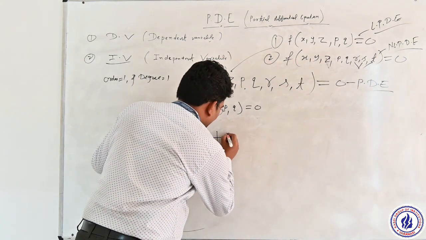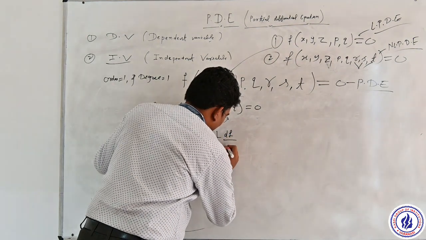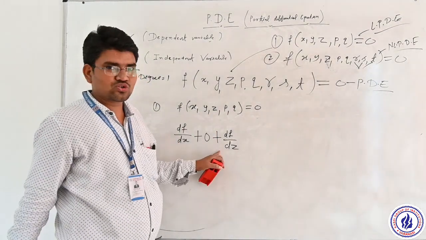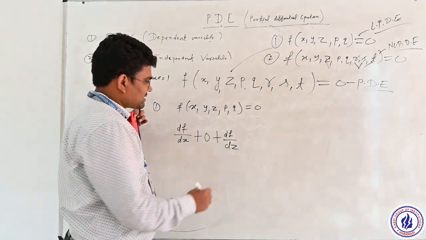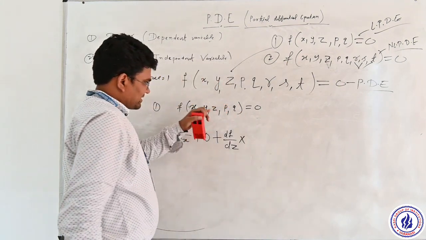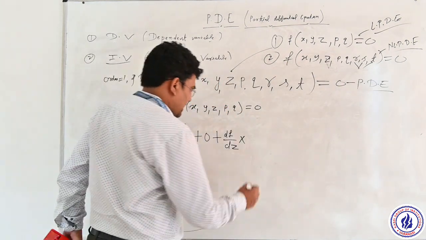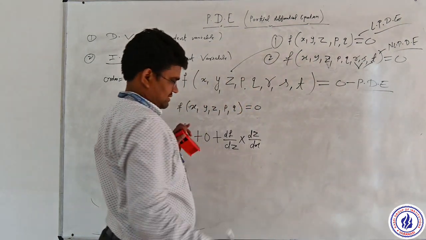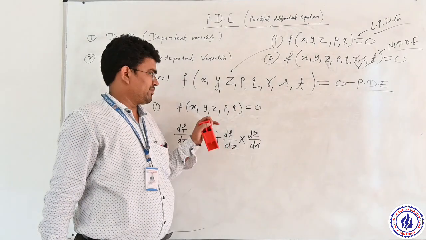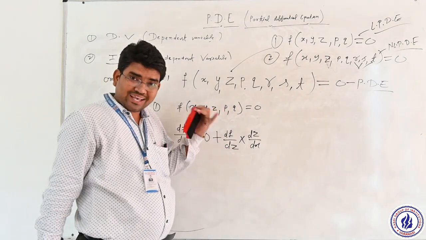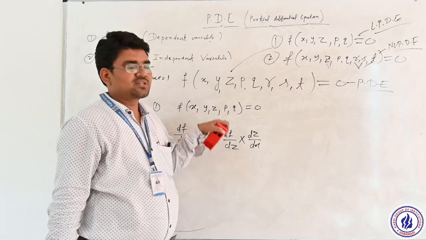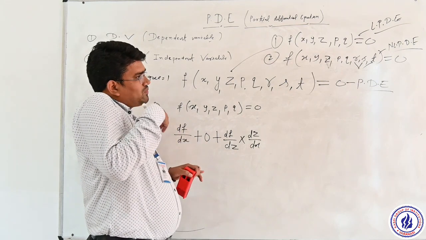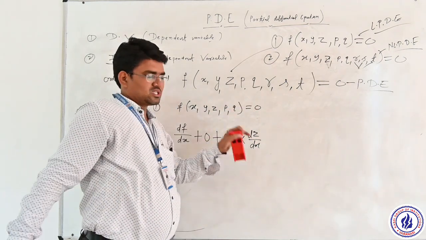So df upon dz. You let z be a function of x, so via the chain rule, we get dz upon dx. That happens because z is not x, so we let it be a function of x, and its differentiation goes that way. Again we differentiate with respect to x.